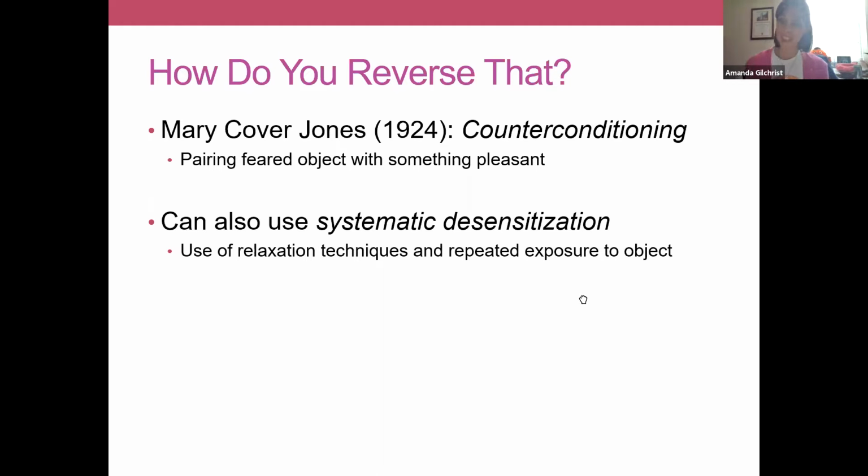And by combining these, we can begin to associate the object that we fear with a calm, relaxed feeling. And we do so in a very systematic, hierarchical way. We don't start with the scariest thing that somebody can imagine. We start with something doable, and then we increase the level of difficulty and the amount of fear to help undo that phobia.